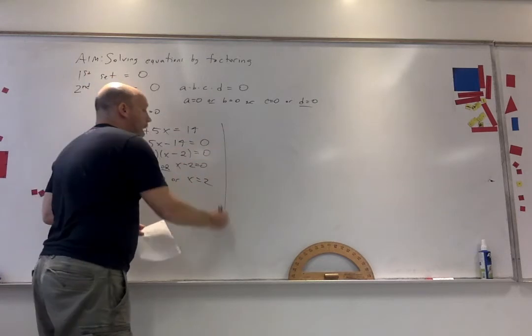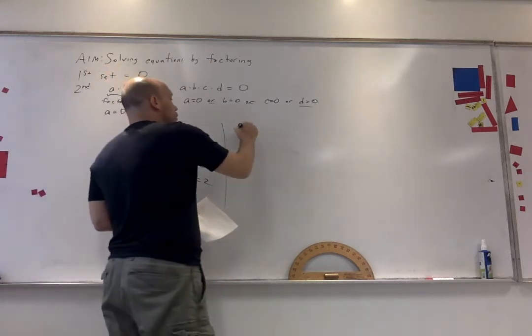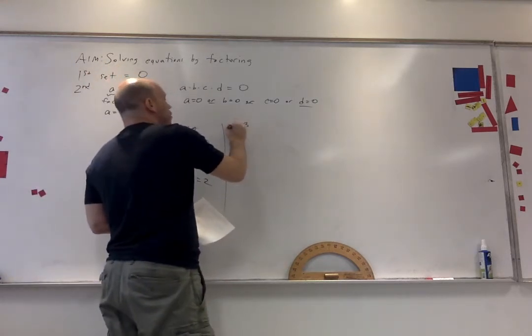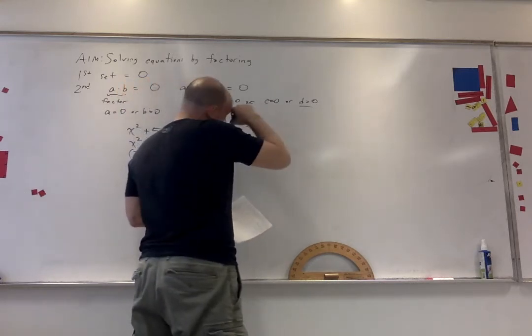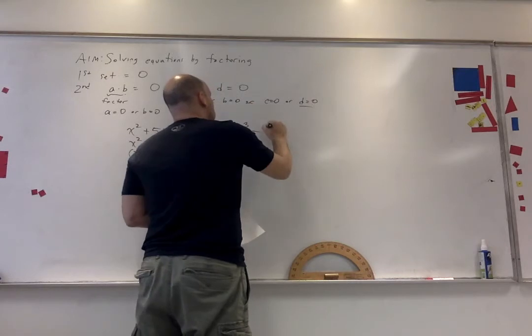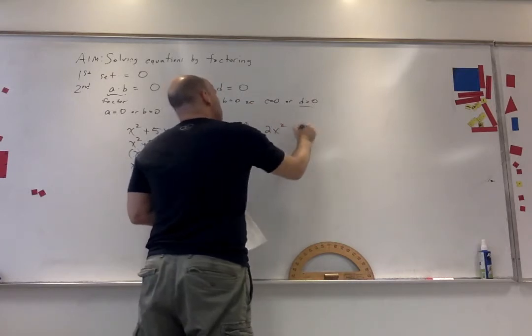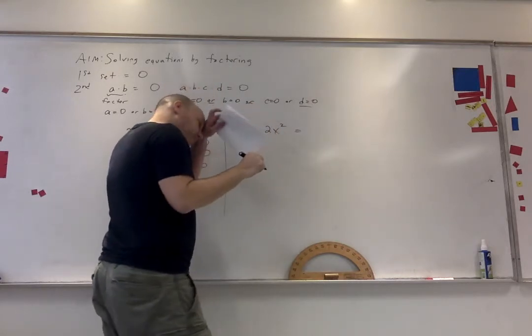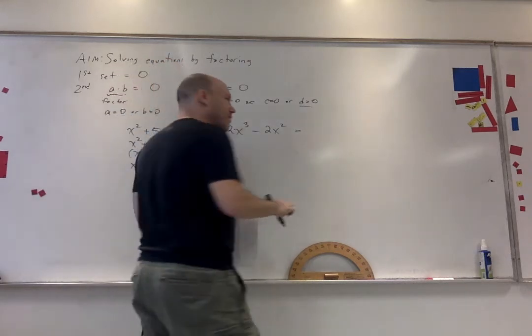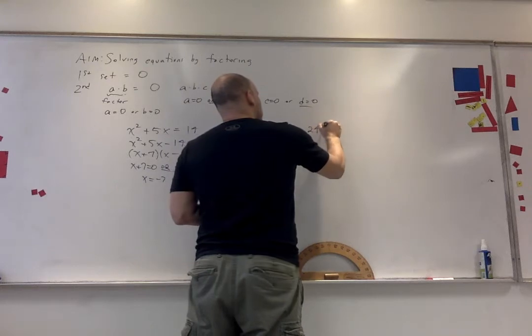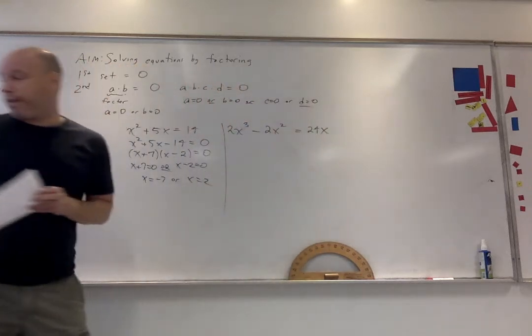You could do that with, it looks a little weird, so like x cubed. How about like 2x cubed minus 2x squared equals 24x, right?